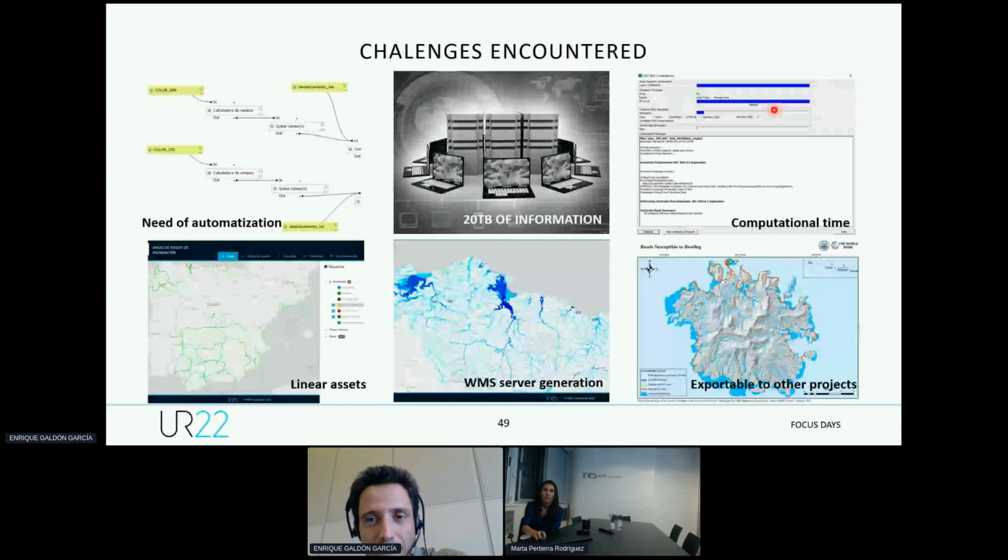Once again, these simulations are great. The only thing is that there are many simulations to be run. Think that you need to define many types of rain per watershed. As we were saying, we have as many rains as concentration times, as little green dots that were represented there. So we need to simulate many different cases, and each case takes its time.